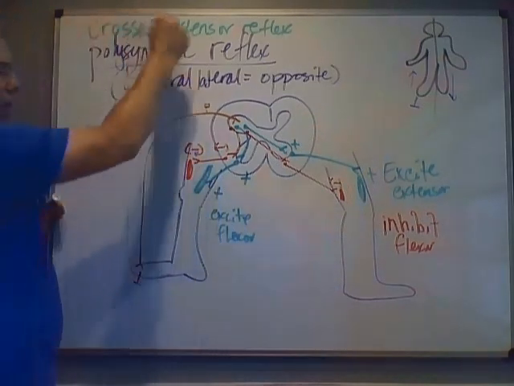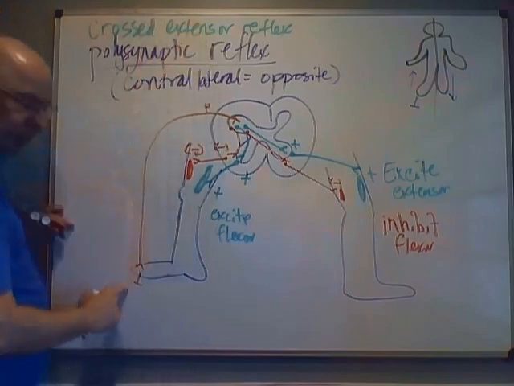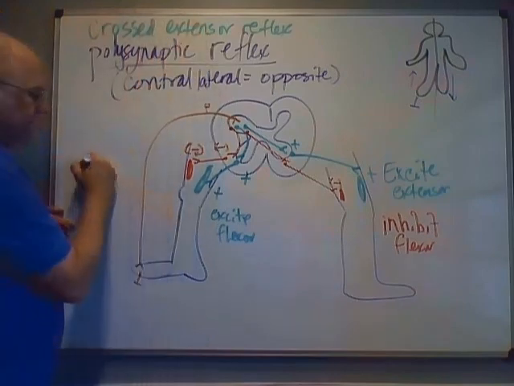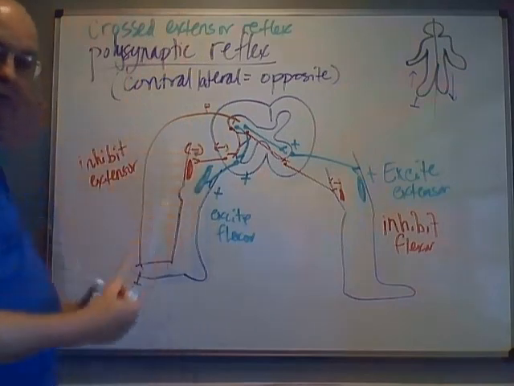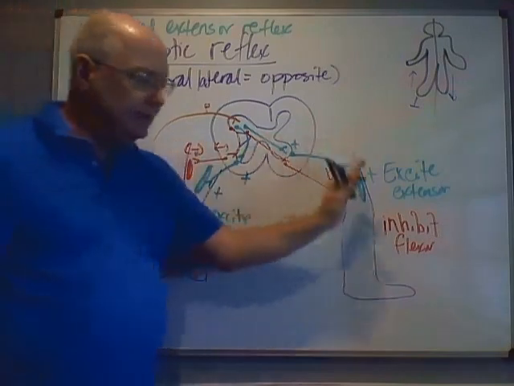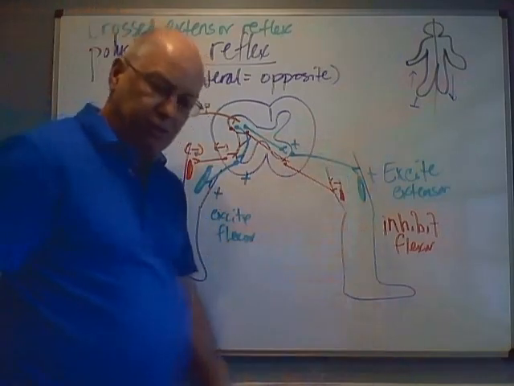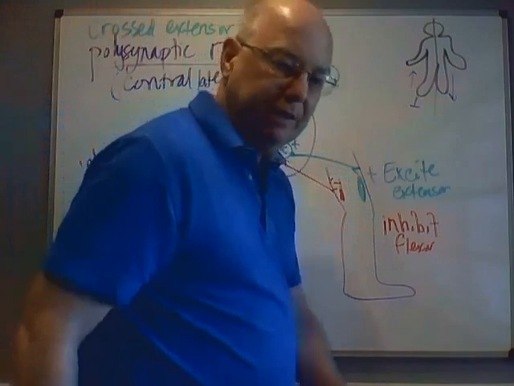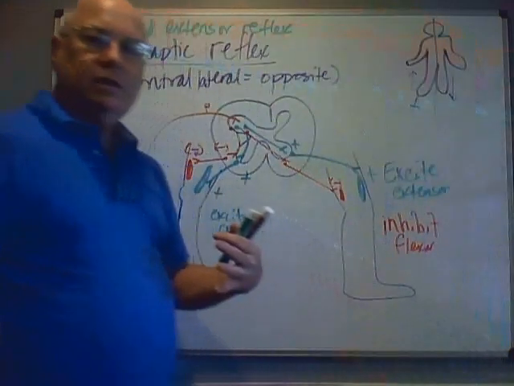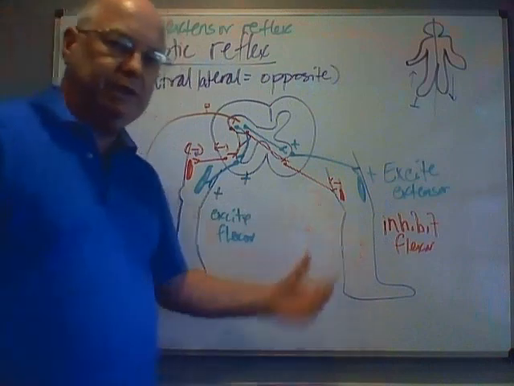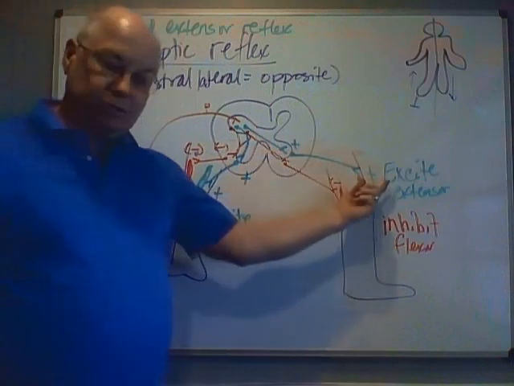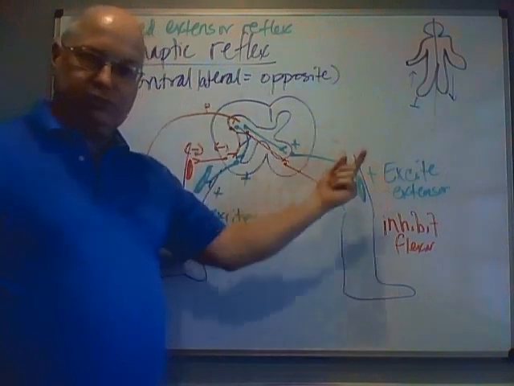On the crossed extensor reflex, on the side that the damage occurs, I'm going to excite the flexors and inhibit the extensors so that I can withdraw the foot. But if I did not have this, I may not have already transferred all my weight. If I lift my foot, I can fall. So I want to extend the leg on the opposite side so I have a leg to stand on. So I'm going to excite the extensors, crossed extensor.